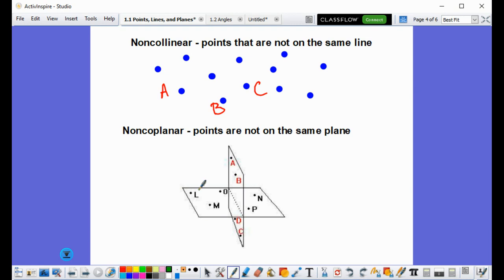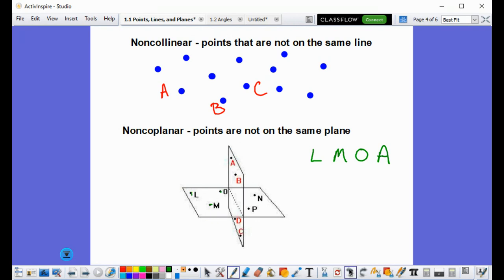Well, if I take the points L, M, O, and then I take the point A. These, as you can see, L, M, O, were on the same plane, but A was on a different plane. So you can't call those coplanar. They're on different planes.